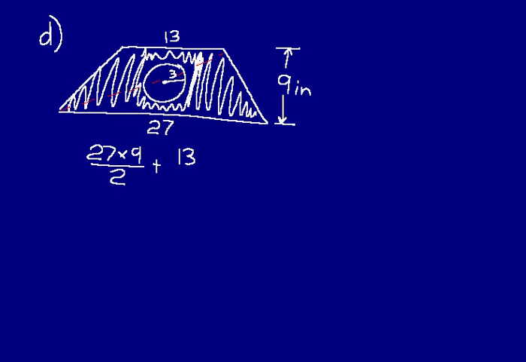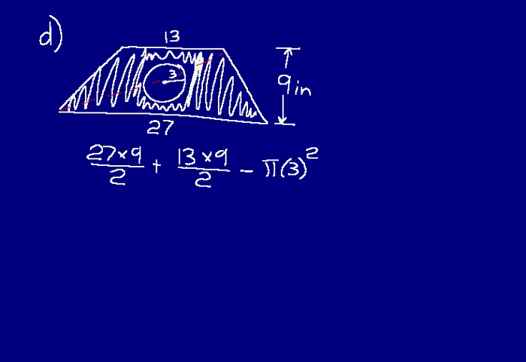It's the side that's perpendicular to the height. That's what the base is. It's the side perpendicular to the height of the triangle. And so that has a length of 13 and then times the height again of 9 divided by 2. And then we're going to subtract out the area of that circle. So that would be pi times 3 squared.